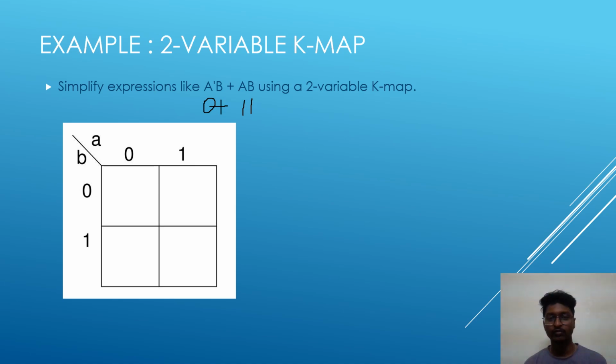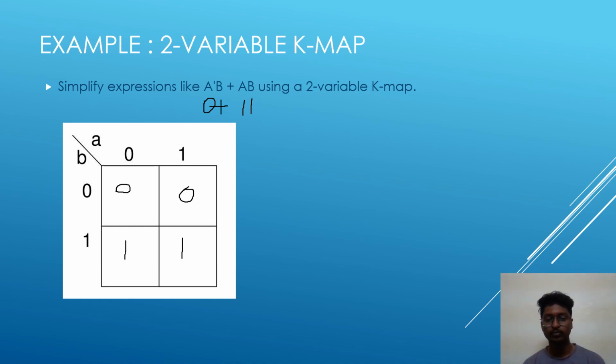So now we have to place this in a cell such that both are satisfied. That is, A complement should be 0 and B should be 1. So we place this in the cell where A is 0 and B is 1. Next, AB, that is 1 and 1, will be in this cell. And the other two cells will be taken as 0.